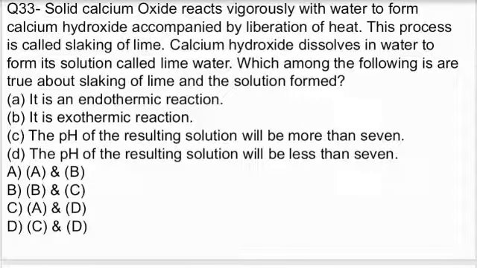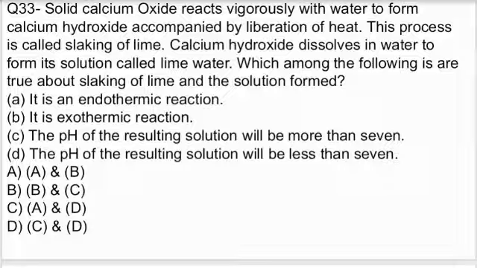Which among the following is or are true about slaking of lime and the solution formed? The statements are A. It is an exothermic reaction. B. It is an endothermic reaction. C. The pH of the resulting solution will be more than 7.